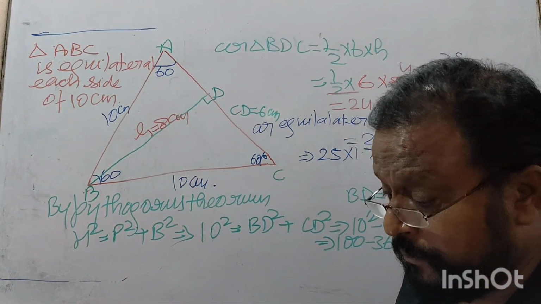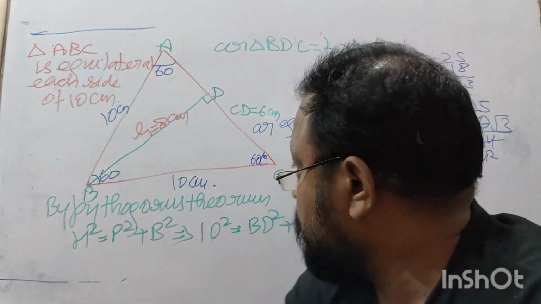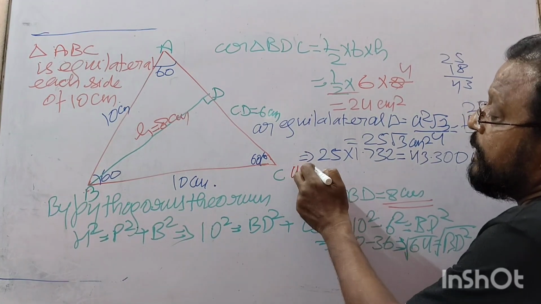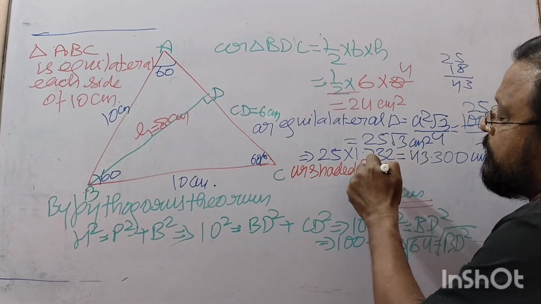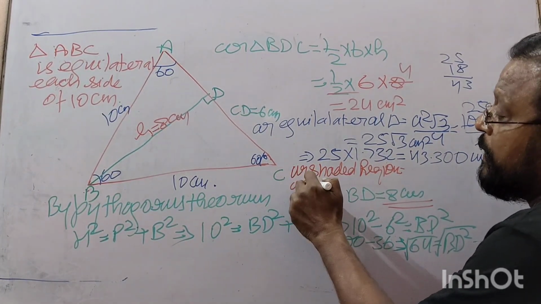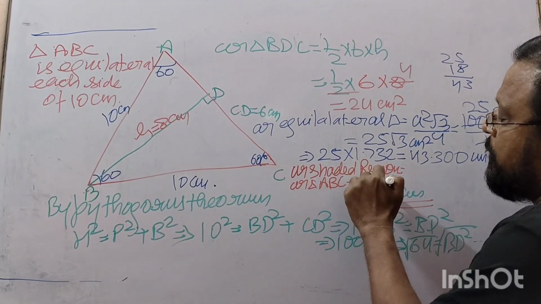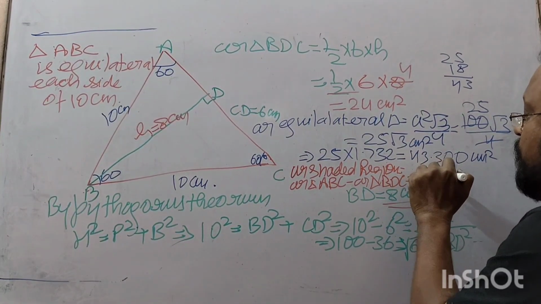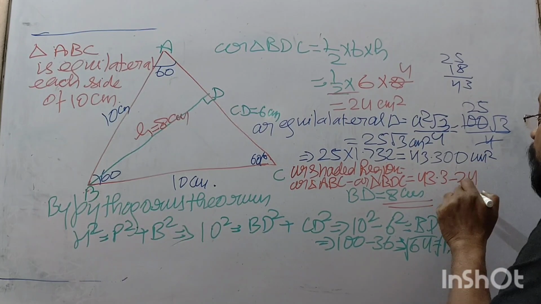43.3 minus 24. Okay. So the area of the shaded region is equal to area of triangle ABC minus area of triangle BDC, which is 43.3 minus 24.